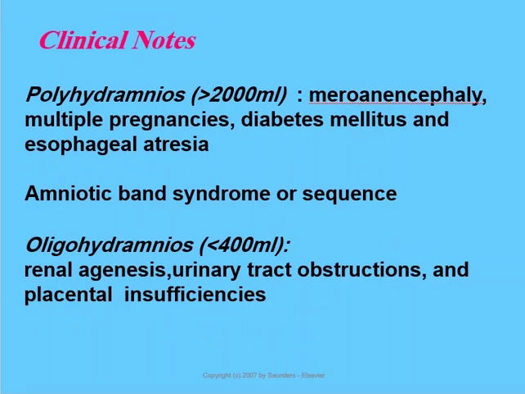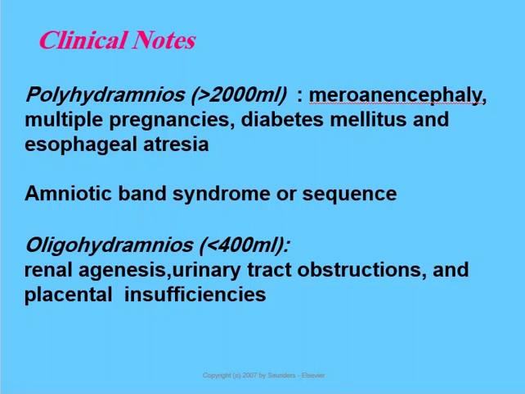In case of a large amount of amniotic fluid, which is called polyhydramnios, measuring more than 2000 ml, it may indicate anencephaly or multiple pregnancy or diabetes mellitus and esophageal atresia.